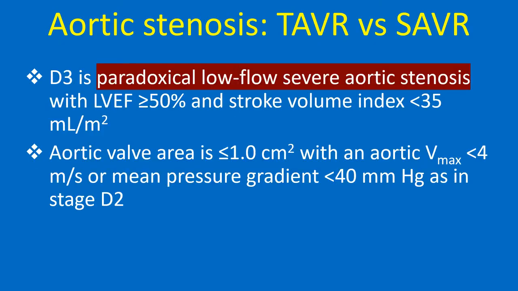D3 is paradoxical low flow severe aortic stenosis with LVEF more than or equal to 50% and stroke volume index less than 35 ml per meter squared. Aortic valve area is less than or equal to 1 square centimeter with an aortic Vmax less than 4 meter per second or mean pressure gradient less than 40 millimeters of mercury as in stage D2.